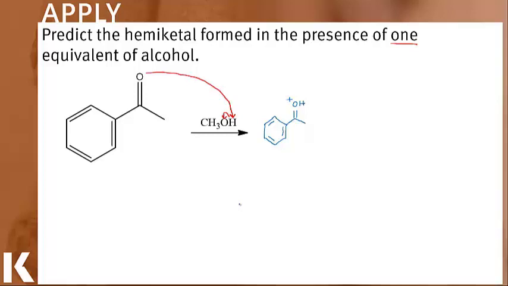This makes the carbonyl carbon even more reactive. The next step is that, because of the reactivity of that carbonyl carbon, our methoxy group now can come in and attack that carbonyl carbon, thereby giving us our hemiketal. And remember, it's a hemiketal because it only has one OR or oxy group on it.